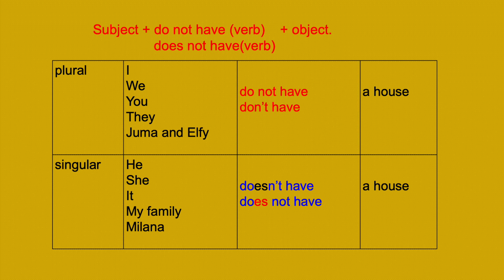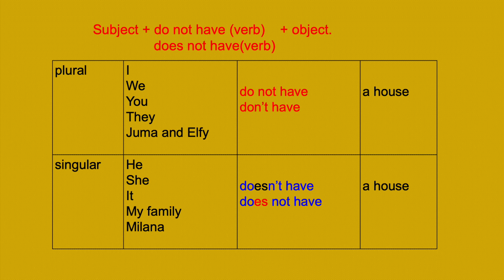So this column is for the subject and this column is for the verb. This is the object. So doesn't have is the short form of the verb.